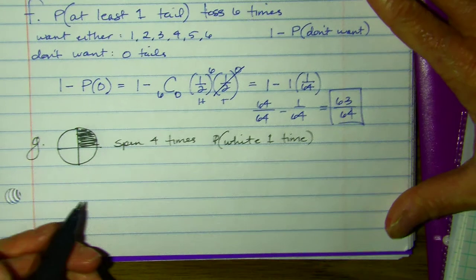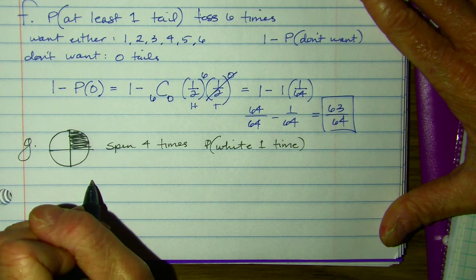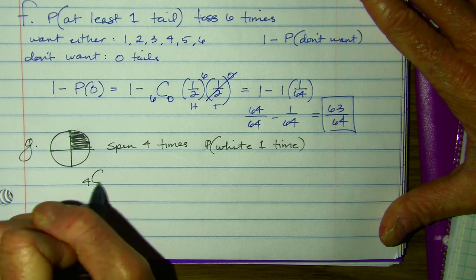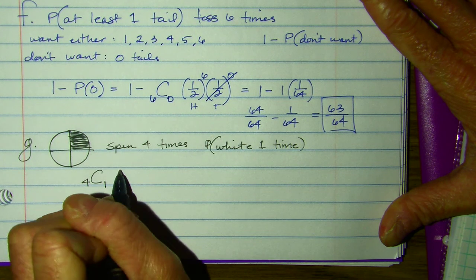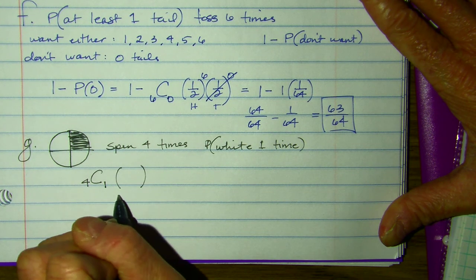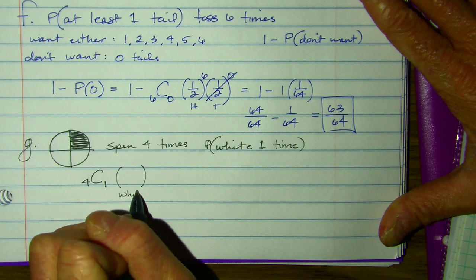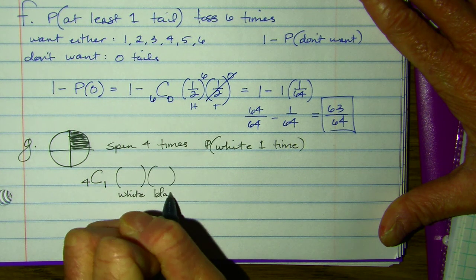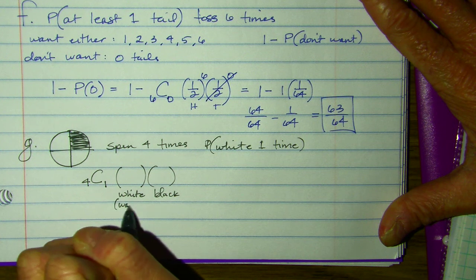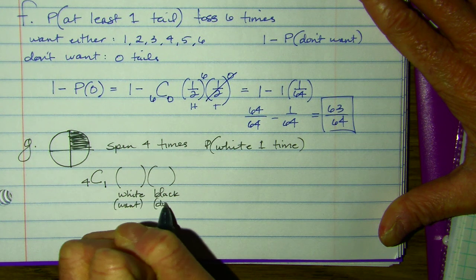So here's how you would set it up. The total amount of times I'm spinning it, I want white 1 time. So I have to do the probability of getting what I want, which is white, and the probability of getting what I don't want, which is black. So this is what I want. This is what I don't want.